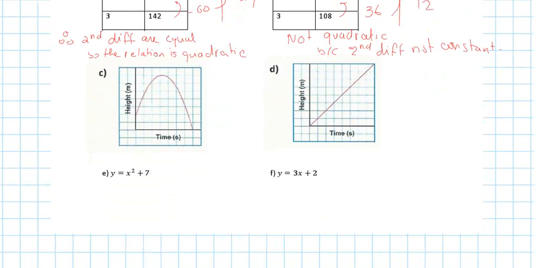These are review from grade 11, by the way, so these should not be new to you guys. If I look at the graphs, which graph is quadratic? C. So this is quadratic, and I know that because it's a parabola shape. This is not quadratic, it's linear.